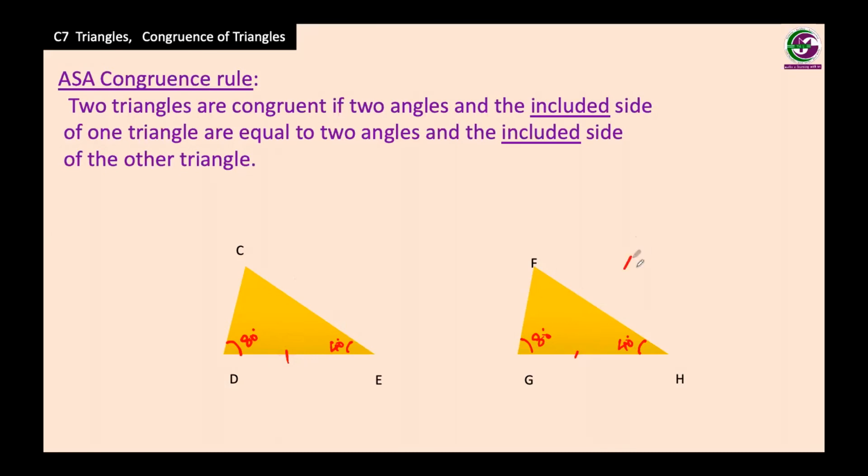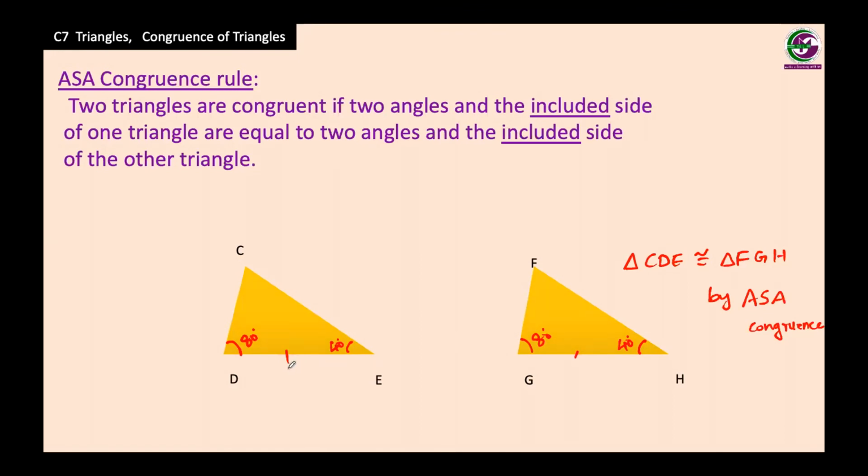So we can say triangle CDE is congruent to triangle FGH. By which rule? By ASA congruence. So once again, we have to be careful. If two angles are given and the included side is also given equal, then they are congruent.